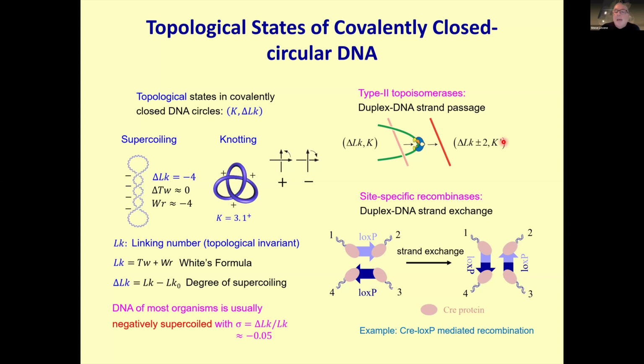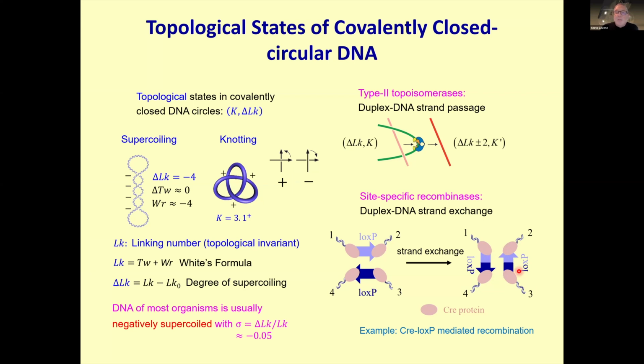And that can change the knot type simply by carrying out a duplex segment passage in the same way that type 2 topoisomerases do. What's less well understood is what happens to the DNA twist during those operations.